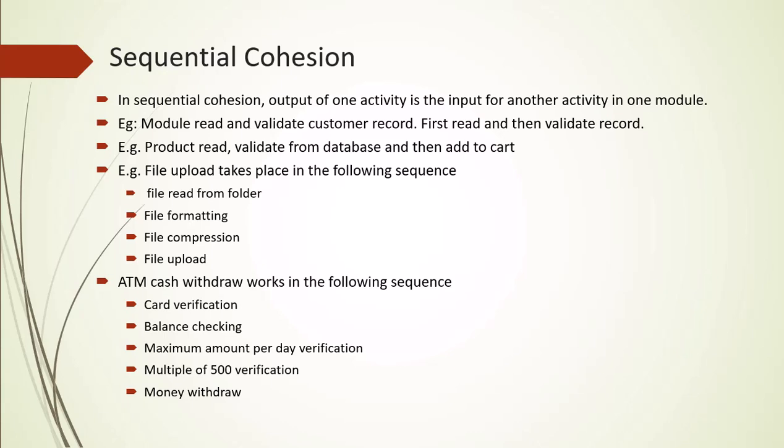Another example is product read. The product is first read from the database and then added to the cart. If it is available, then it will be added to the cart. So reading, validation, and then addition to the cart. Another example is file upload, which takes place in the following sequence.